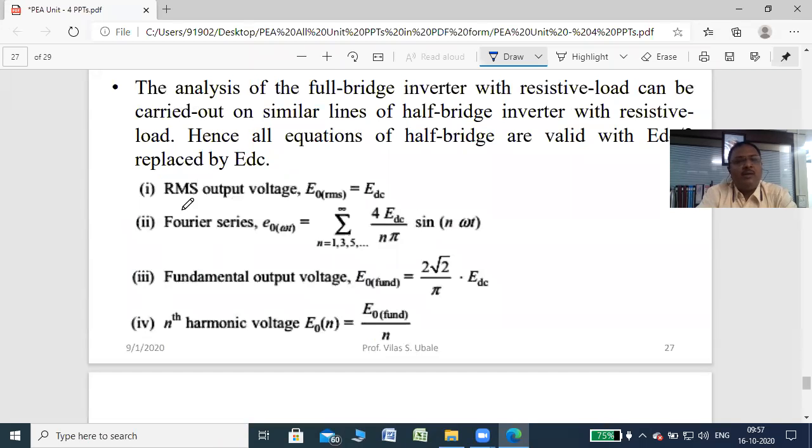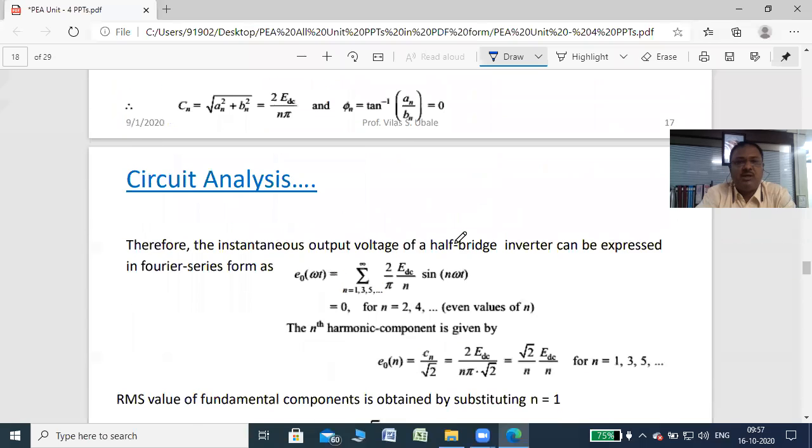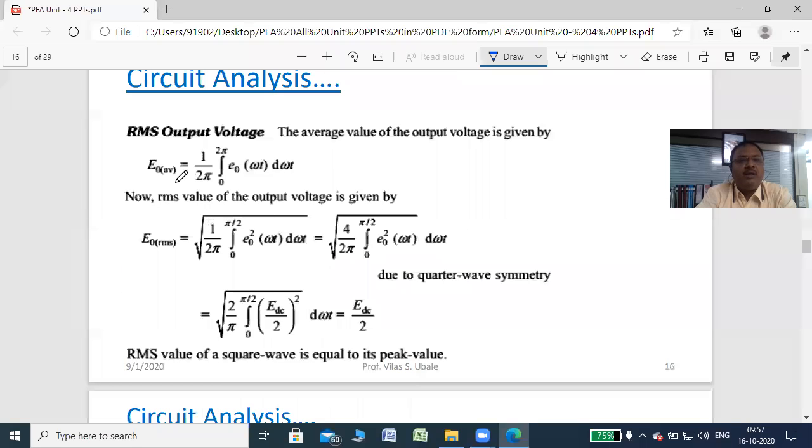Now this time the RMS output voltage is equal to EDC. With a half bridge, it is EDC by 2, equal to half the supply voltage. So here it is directly given as EDC, and you can find the output RMS voltage with the help of these equations that are given here, right? EO average equals 1 upon pi integration 0 to 2 pi of EO d omega t.